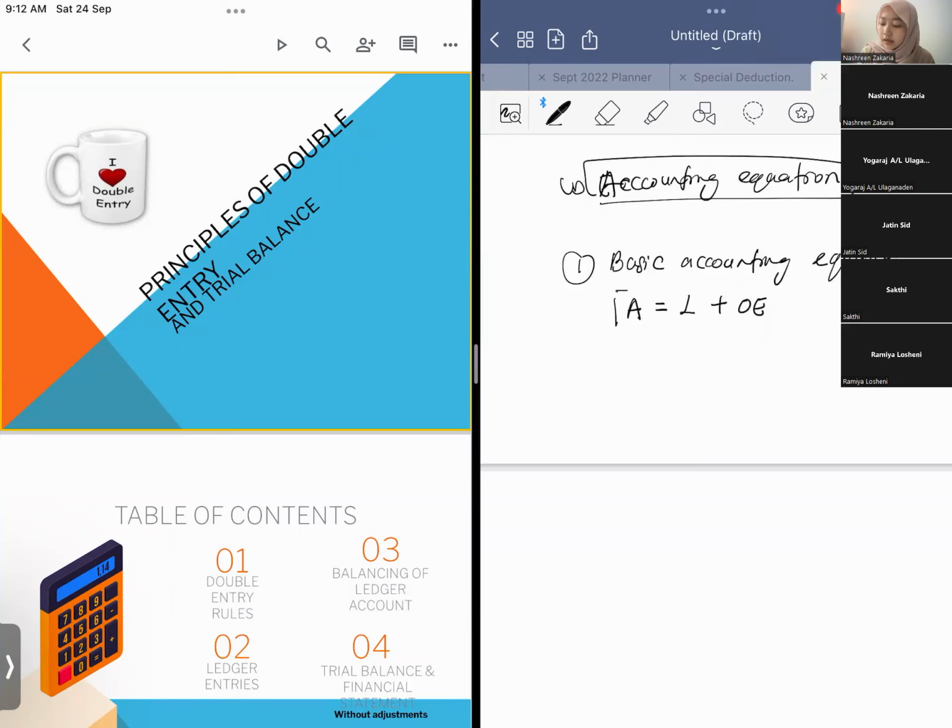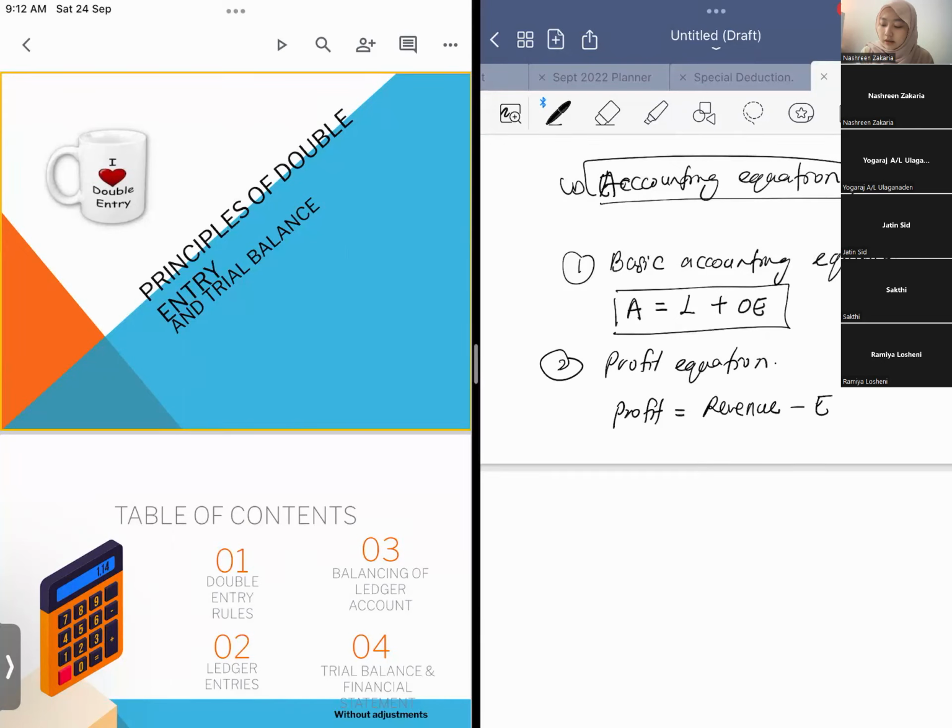Okay, and then we also learn the second accounting equation. Profit equation. Yes. The profit equation starts from profit. So how do you calculate profit? It is revenue minus expenses.